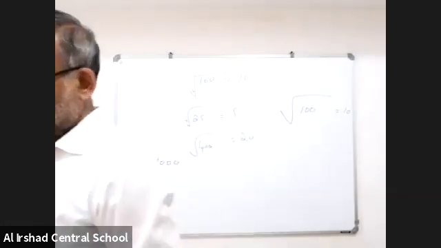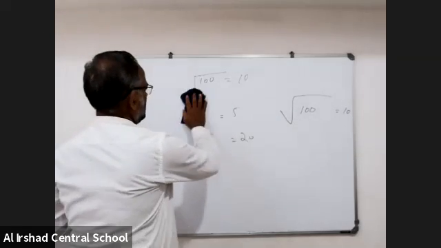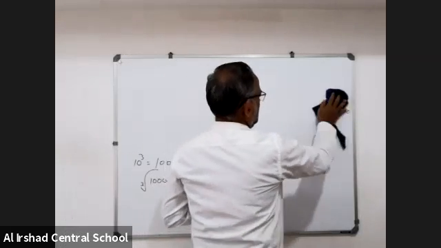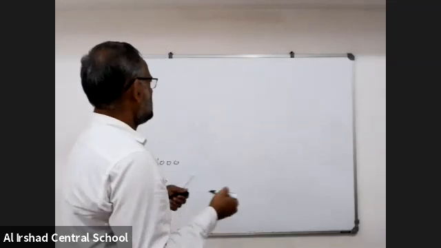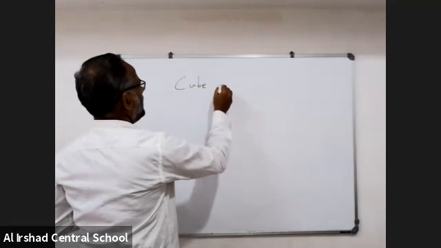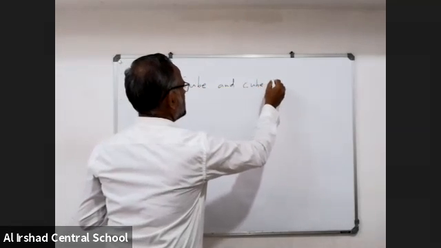Now, what did you understand by cube and cube root? Square and square root, I think no confusion is there. Now, one more thing is the cube and cube root.